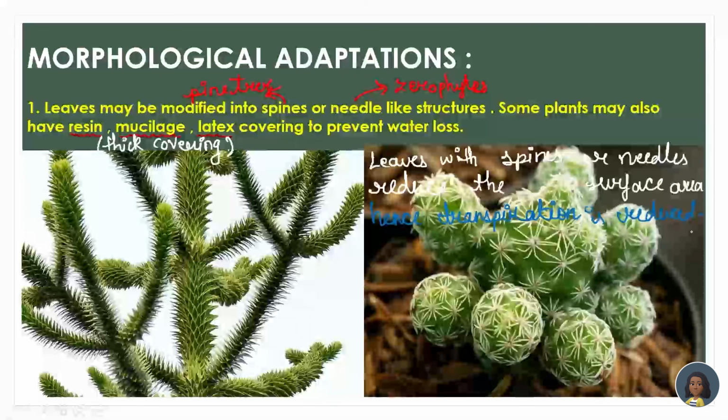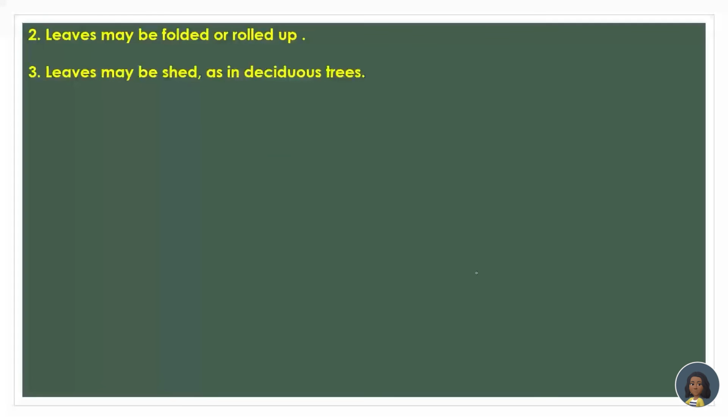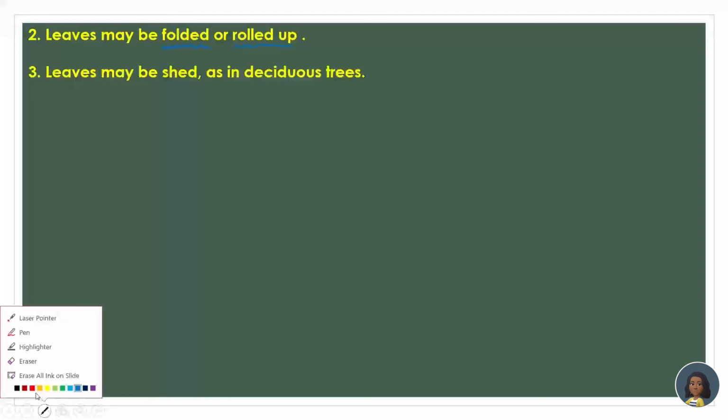Moving forward to the next point, we have leaves may be folded or rolled up, and leaves may be shed as in deciduous trees. Now, you all have a clear idea about deciduous trees because you have studied them in geography a lot of times.